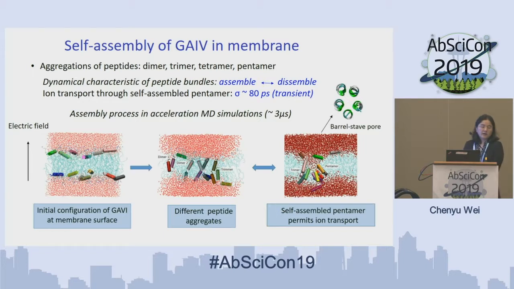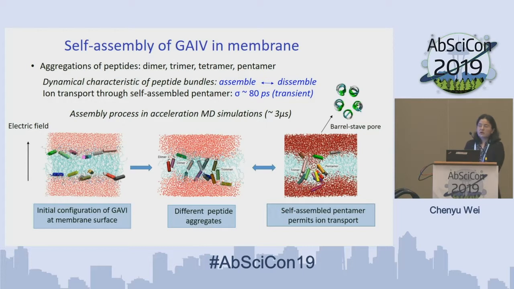Because we want to study ion transport, we apply an electric field across the membrane. As the simulation progresses, some of the peptides began to adopt the transmembrane conformation, and they began to aggregate. Various aggregation states have been found. They can be dimers, actually two types of dimer, trimers, and tetramers.